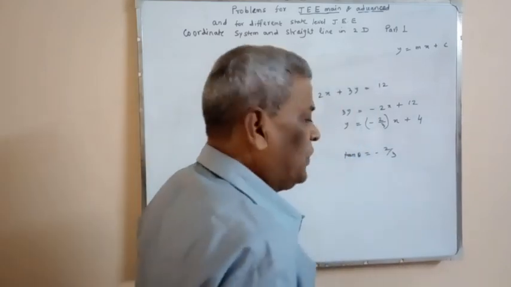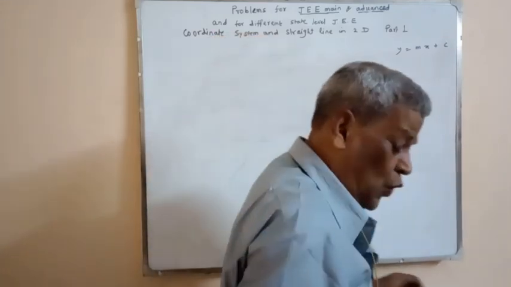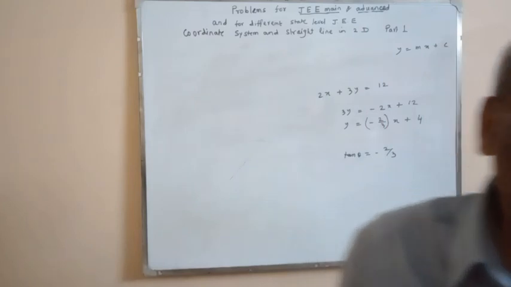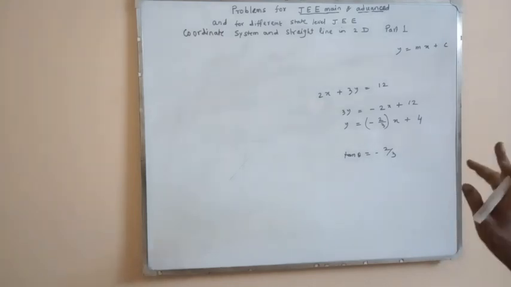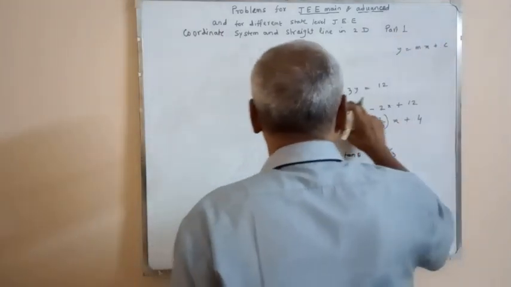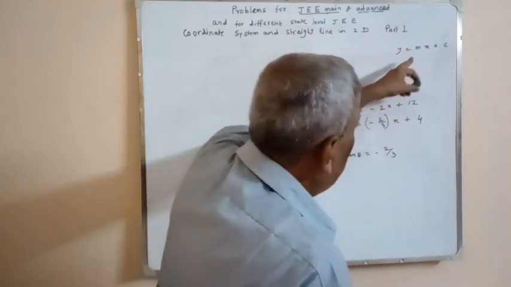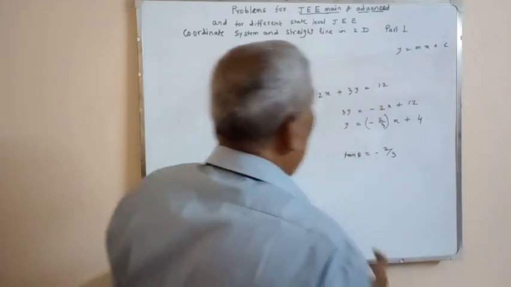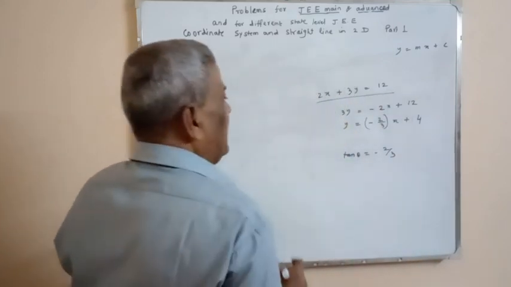Theta is here obtuse. And it makes an intercept of 4 unit from y-axis. So from this equation, we obtain that.